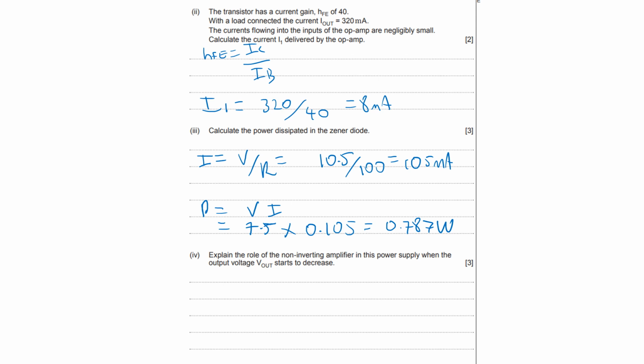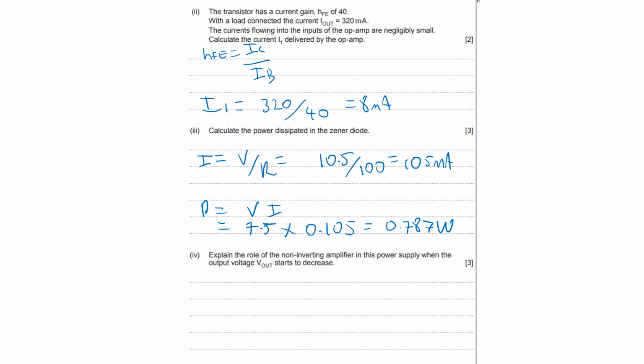Remember the op-amp tries to keep the two input voltages the same. So if the voltage at the inverting input is decreased, the op-amp output voltage will increase, and therefore it will push the output voltage back up again, because it will turn the transistor on more. Essentially, this process happens very, very quickly.